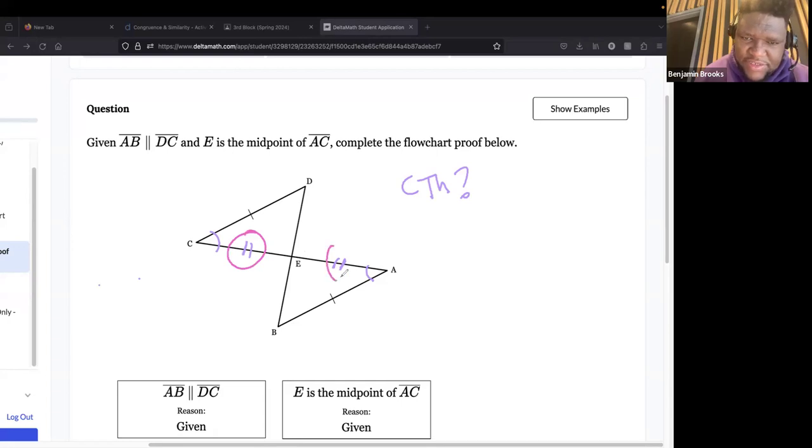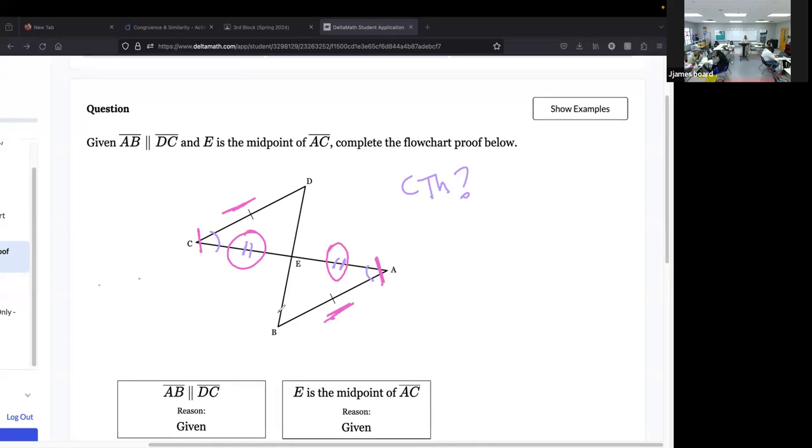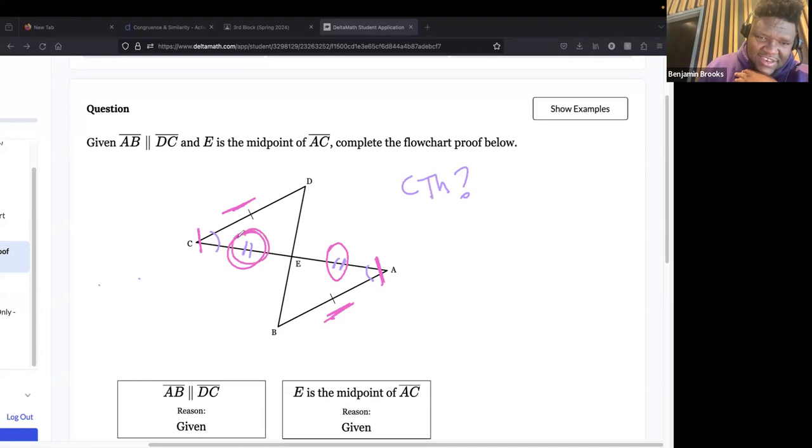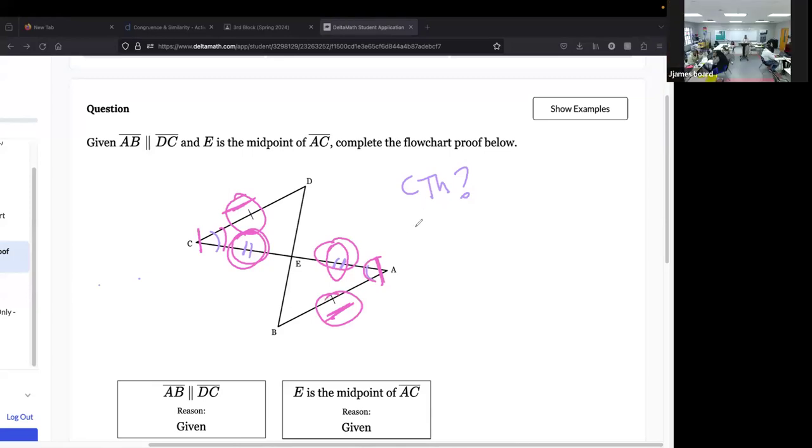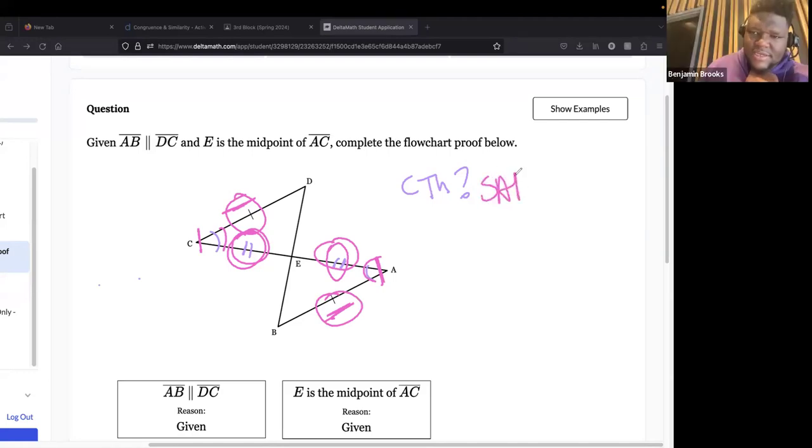I've got two sides, two angles, and then two sides. Since you have a side, an angle, and a side, what is that? SAS. Thank you very much.